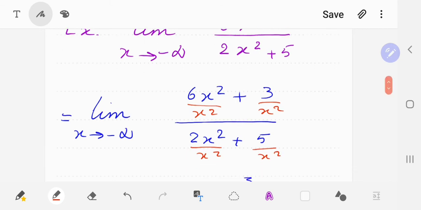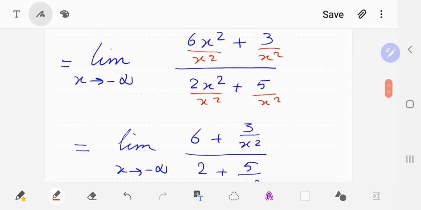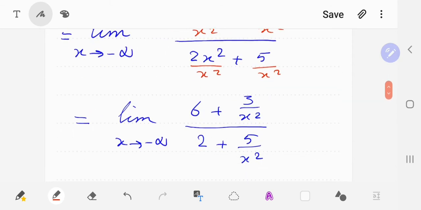When I simplify this, I'm going to get (6 plus 3 over x squared) over (2 plus 5 over x squared). Now, if you substitute negative infinity here, you will get 6 plus 0 over 2 plus 0, which means the answer is 6 over 2.